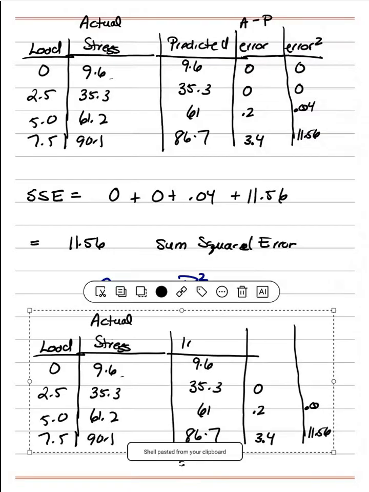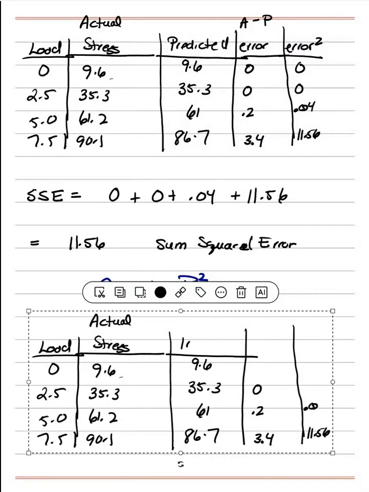Let's do that paste. Still not doing everything, but I'll just fill in these values. So I'm really now going to look at just a few columns. Now I'm going to look at something called sum squared total.